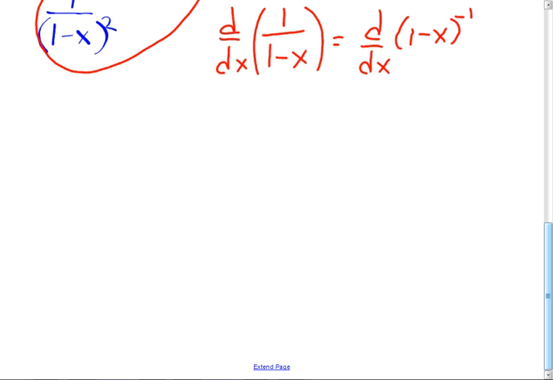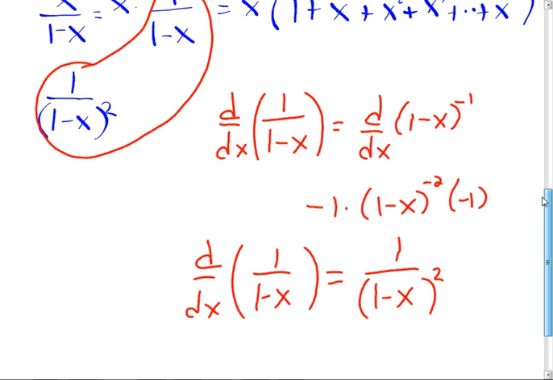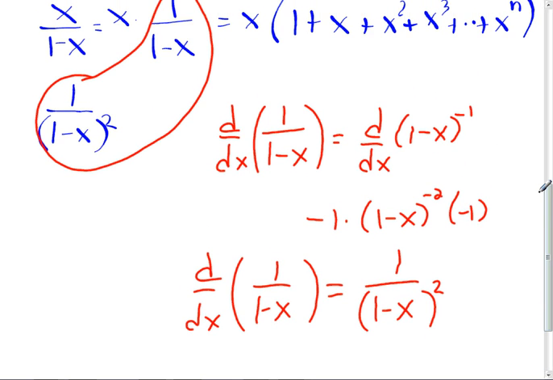Okay, what do you get? Oh, it's the integral. -1 times 1 minus x to the what? -2 times -1. So the derivative with respect to x of 1 over 1 minus x is equal to 1 over 1 minus x quantity squared. So that tells you what you have to do. Mm-hmm. That far enough or more?